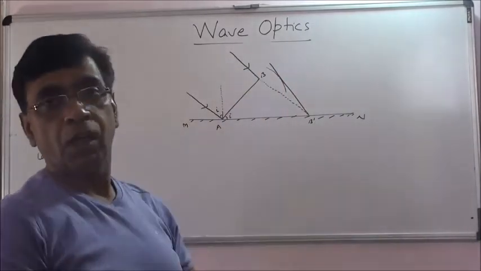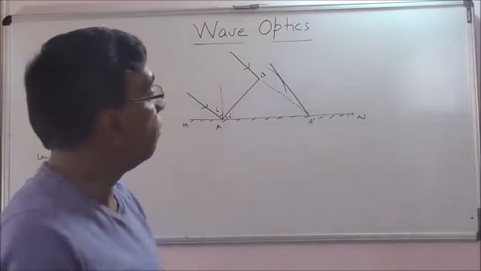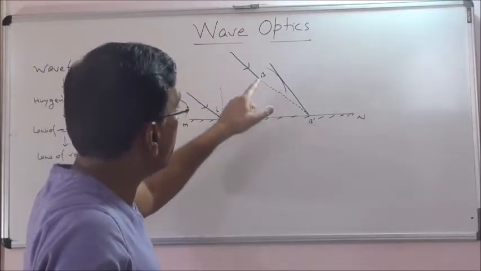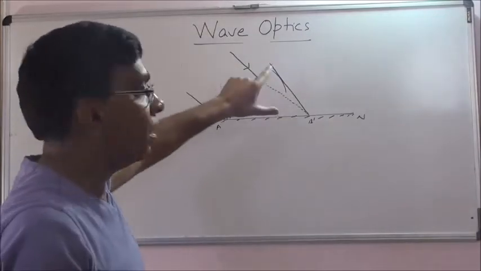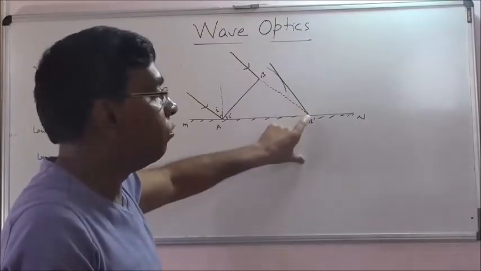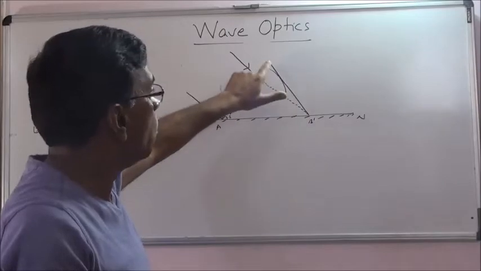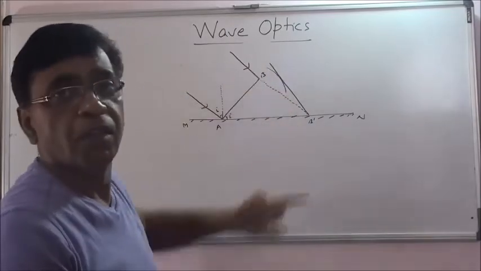Observe it carefully. How will we find the wavefront when B is at B dash? B is at B dash, A is somewhere up, I draw an arc, and then one point is here, draw a tangent to it. So this is the reflected wavefront.